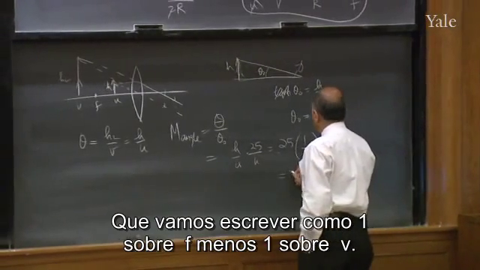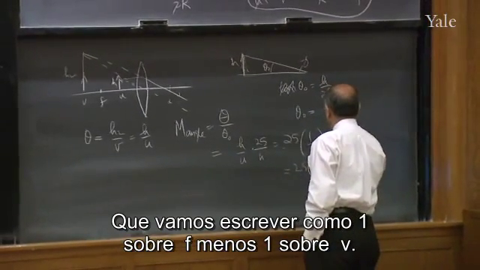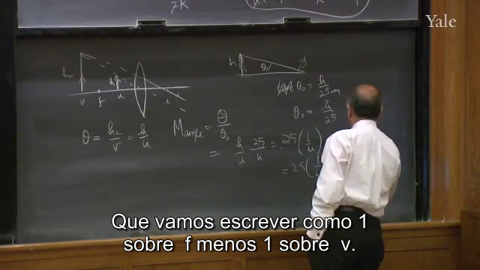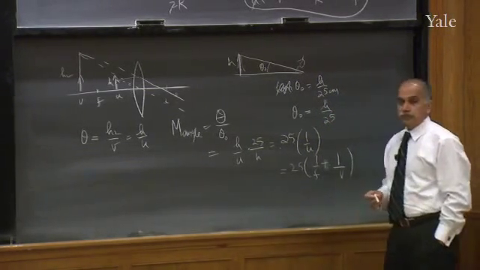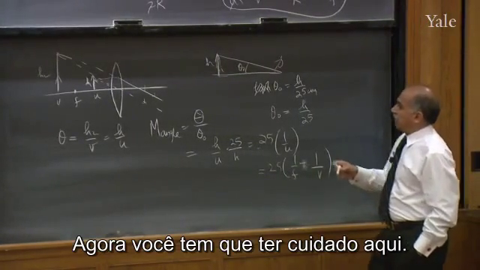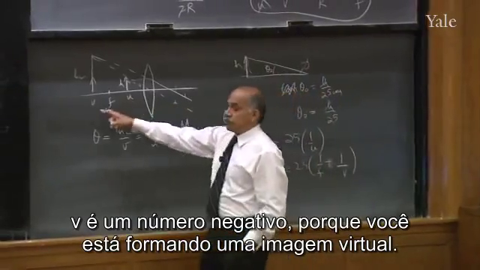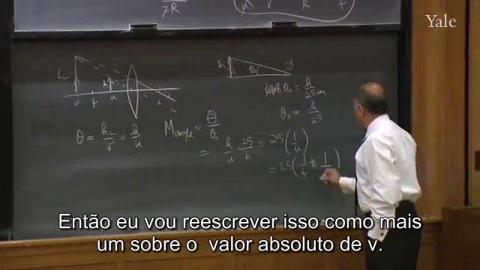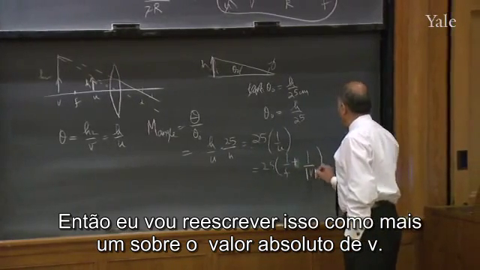That we're going to write as 1 over f minus 1 over v. Now you've got to be careful here. V is a negative number because you're forming a virtual image. So I'm going to rewrite this as plus the absolute value of v.